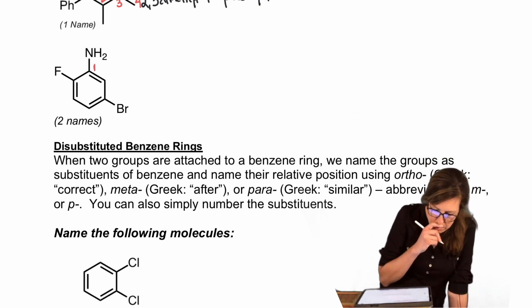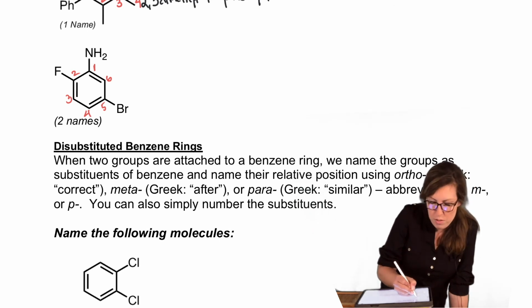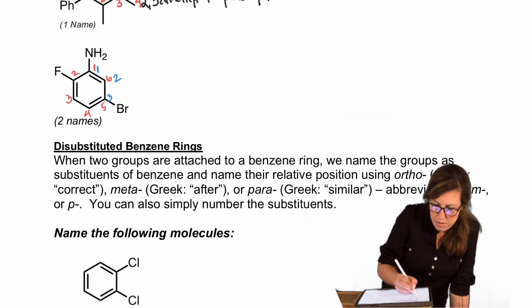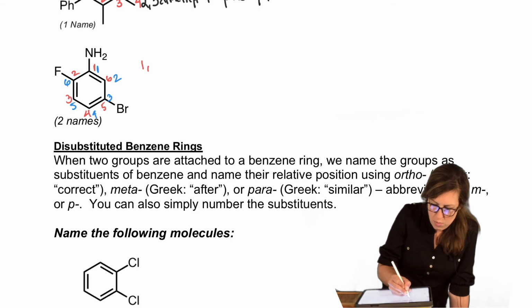And how are we going to number? Go 1, 2, 3, 4, 5, 6, or we could go around the other way. Once I know who 1 is, I just have 2 options from there for numbering. But one will be the correct way. My red path would give me a 1, 2, 5 substituent pattern.